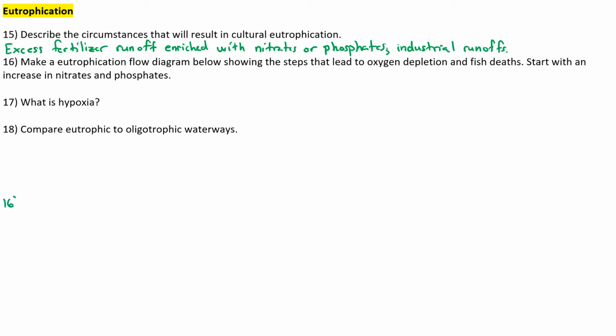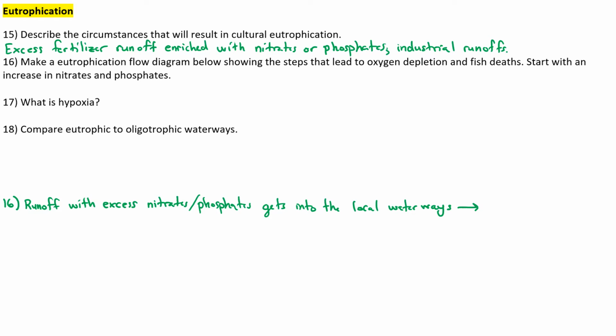So for number 16, it says make a eutrophication flow diagram by showing the steps that lead to oxygen depletion and fish deaths. Start with increase in nitrates and phosphates. So the runoff with excess nitrates or phosphates gets into the local waterways.